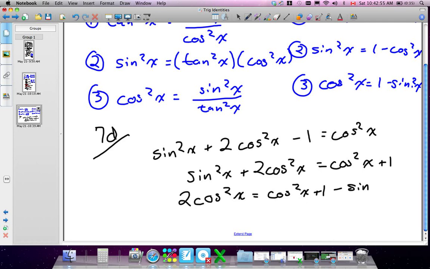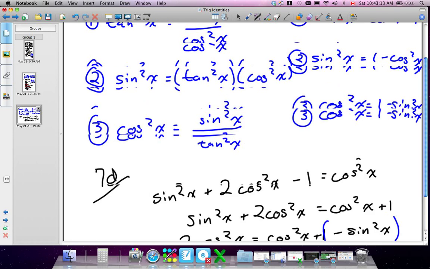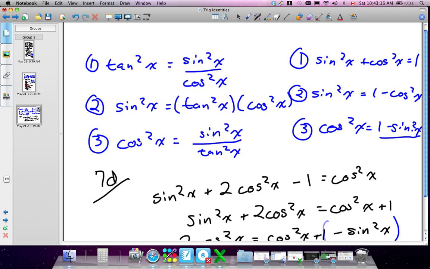Now, if we look at this, I can make an identity out of part of the right side of the equation. I have my positive 1, right? Well, I tried to cut the positive out, but 1 subtract sine squared x. Well, I do know that 1 subtract sine squared x is actually cos squared x.